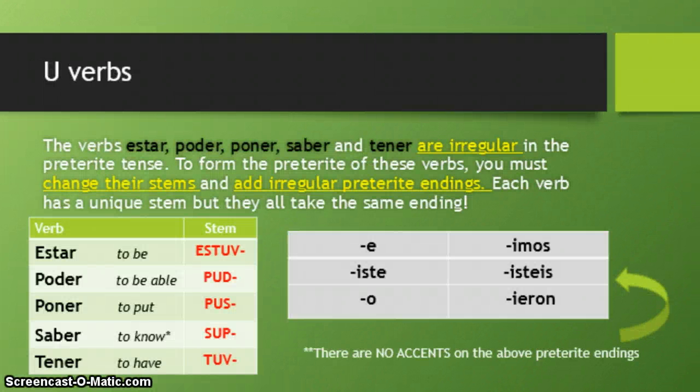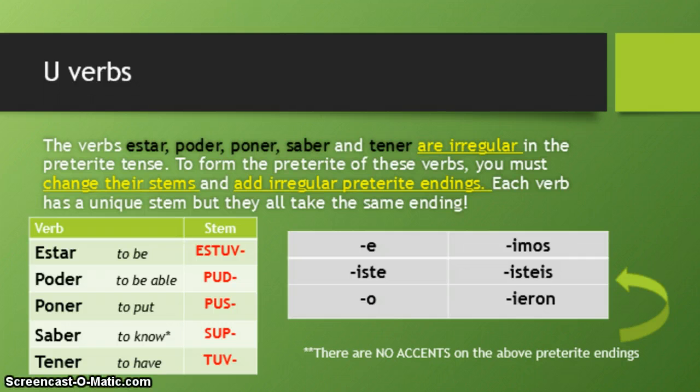All right, to help you out with these 5 verbs, I am going to classify them as U verbs. If you notice below in red, all of them have a U in their stem change. So the verbs estar, poder, poner, saber, and tener, all of these are irregular preterite verbs. In order to form these verbs, we have to change the stems. So we have a little bit of a spelling change.